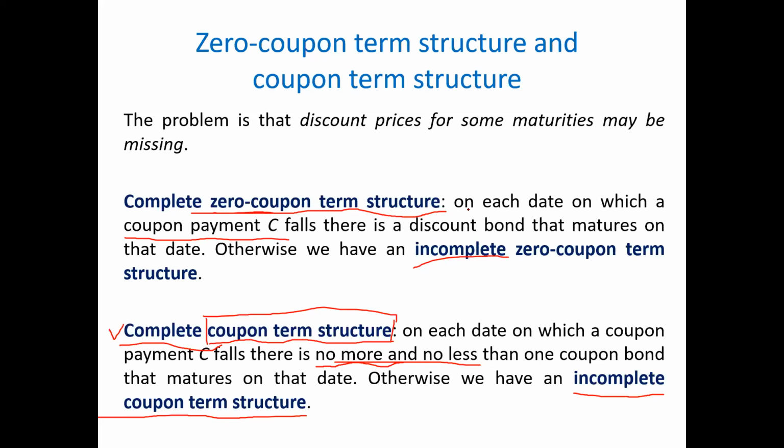So if we want to have a complete coupon term structure, we already know that 4 times a year we have coupon payments which fall on these 4 dates. And therefore, if we want to have a complete coupon term structure, we must have coupon bonds which mature on each of these dates.